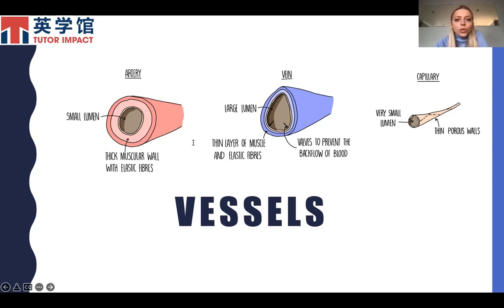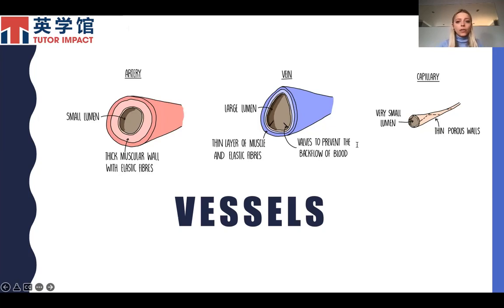The next ones, which we talked about before, are veins, which carry blood from organs of the body towards the heart. Here you can see that they look quite a lot different from the arteries, because they serve a different purpose.